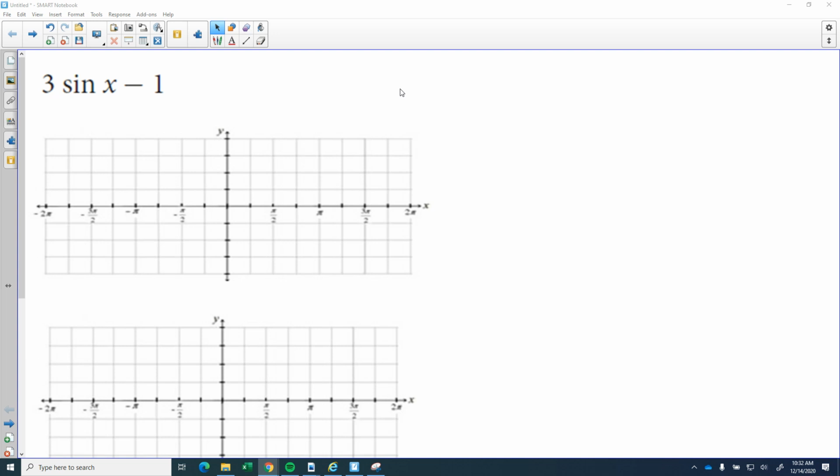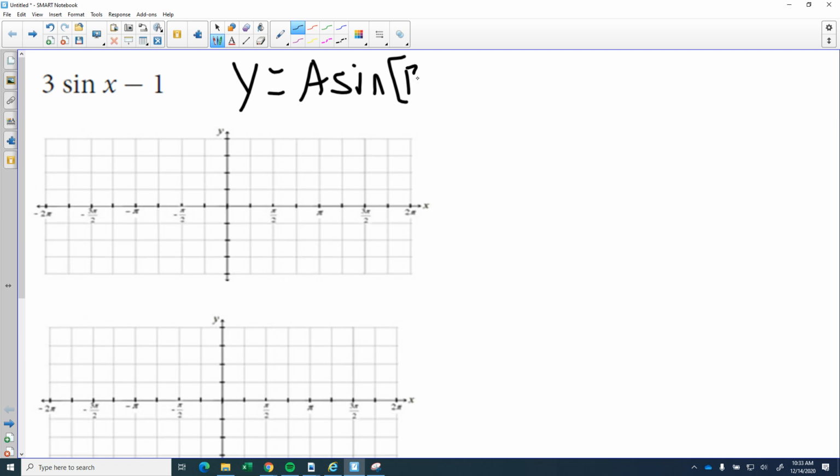Okay? So first and foremost, let's talk about this. We have 3 sine of x minus 1. Before I do anything, let's label what we have currently. Based off of my equation, which is typically y equals a sine of b times (x minus c), all plus d, based off the transformations I currently have, I have an a and I have a d, right?